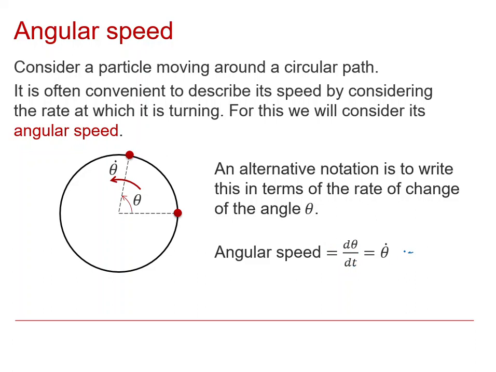So theta dot is simply a shorthand for d theta by dt. This calculus notation on one level is very informative, but on the other hand it's very clumsy, so often it's replaced by theta dot in mechanics considerations.